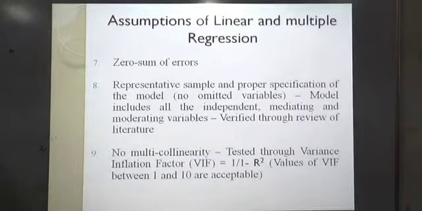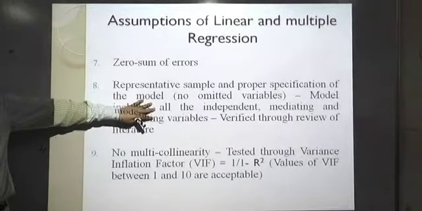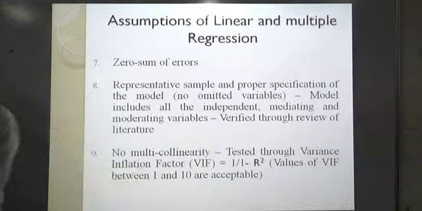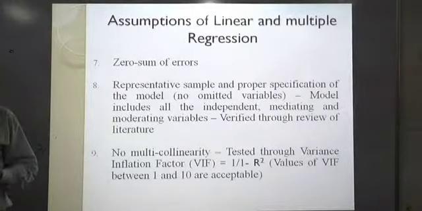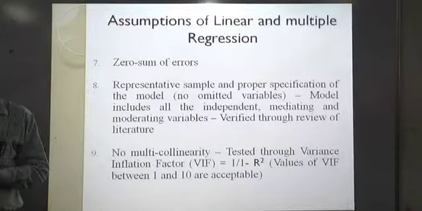satisfaction and its effect on it, now this is more common for multiple regression. Now suppose I am taking two independent variables, customer satisfaction and service quality, affecting customer loyalty. Are these the only two variables that affect customer loyalty?